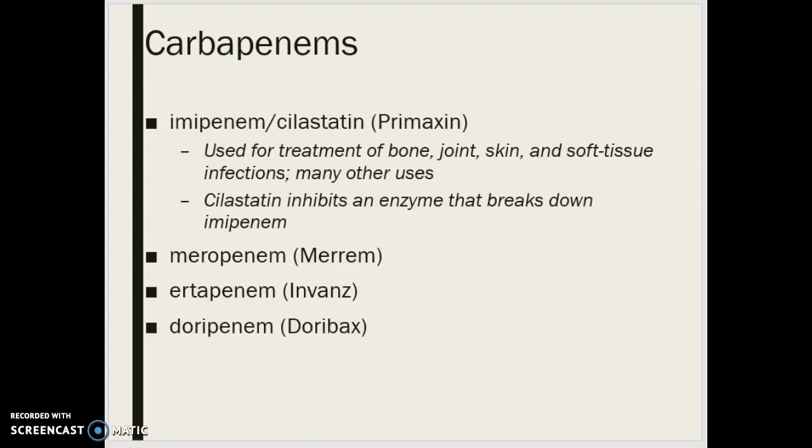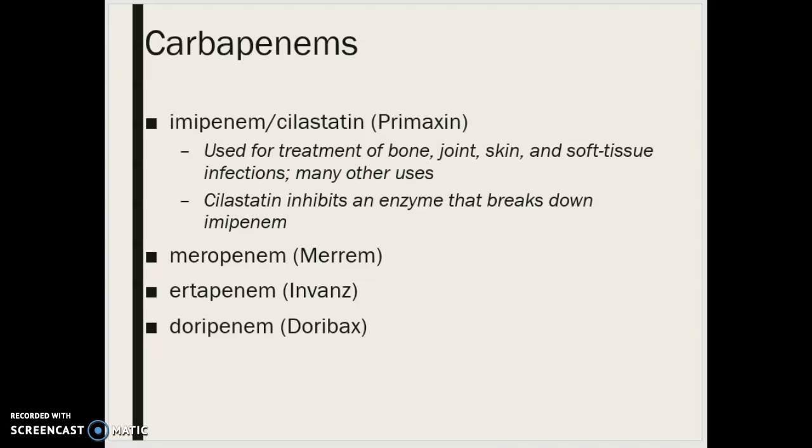With these medications, you'll see the Primaxin, that's imipenem, cilastatin. This is used for treatment of bone, joint, skin, and soft tissue infection. And the cilastatin actually is not an antibiotic component. It just inhibits an enzyme that breaks down the imipenem.